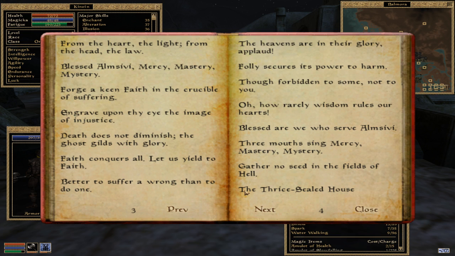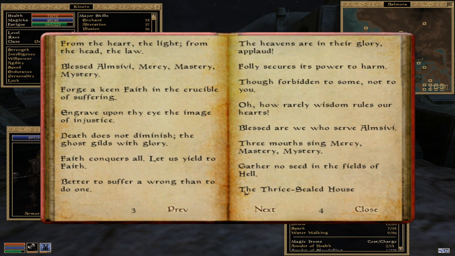From the heart, the light; from the head, the law. Blessed Almsivi, mercy, mastery, mystery. Forge a keen face in the crucible of suffering. Engrave upon thy eye the image of justice. Death does not diminish the ghost guilds with glory. Fate conquers all. Let us yield to fate. Better to suffer a wrong than to do one. The heavens are in their glory.